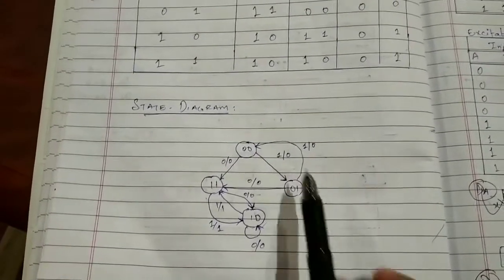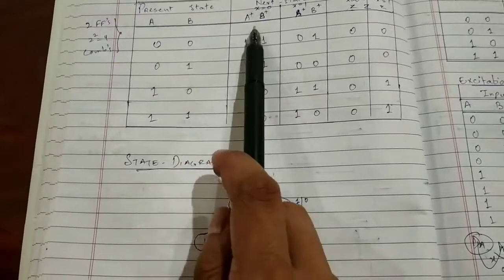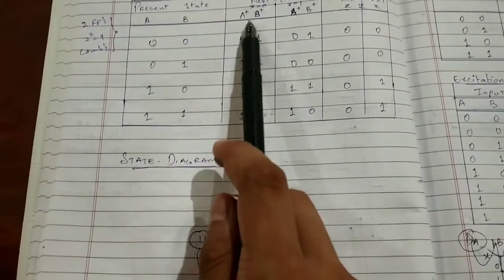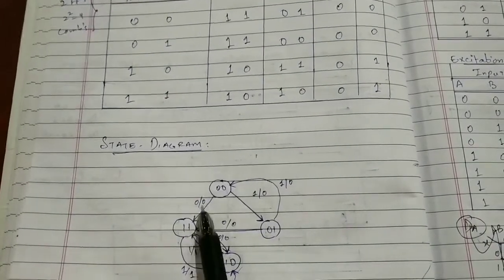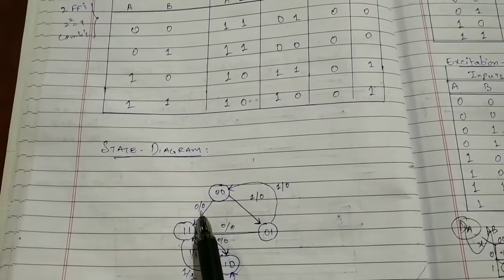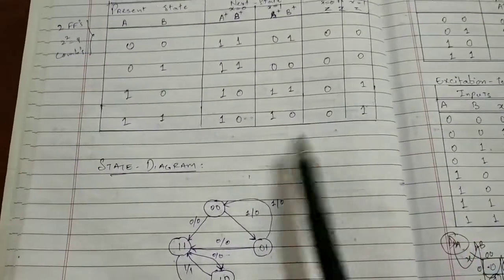First we go for 0 0. For 0 0, the next state is 1 1 when input x is equal to 0, and the output for that is z is equal to 0.